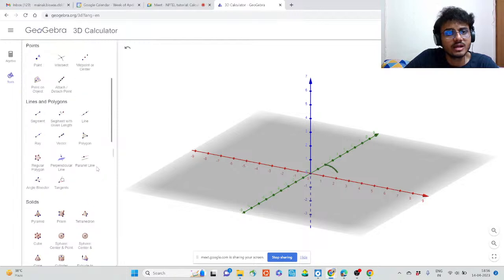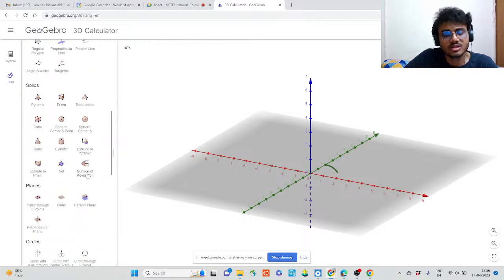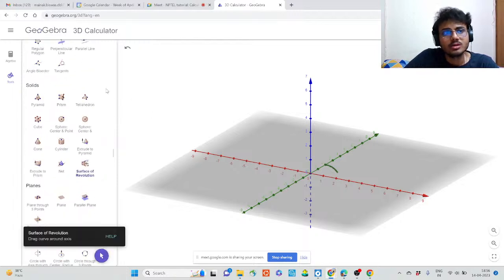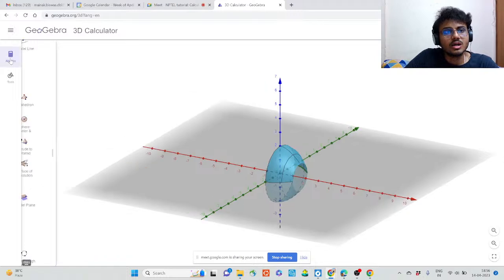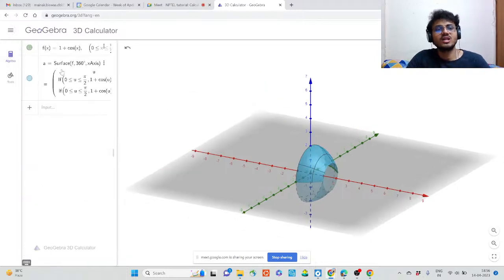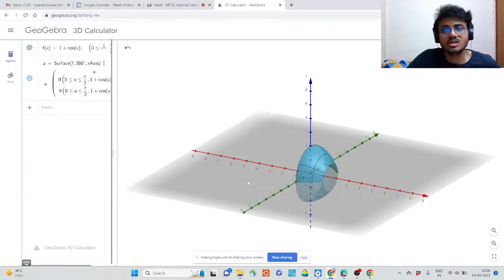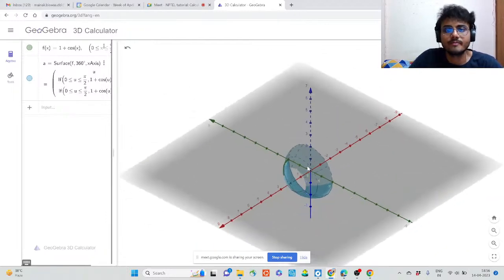Generally you need to write a MATLAB code to see the surface. So if you do a surface and just click on this, you will get a surface, but volumes you will not get. You can write a function like surface, your function, 360 degree about the axis you want to rotate.